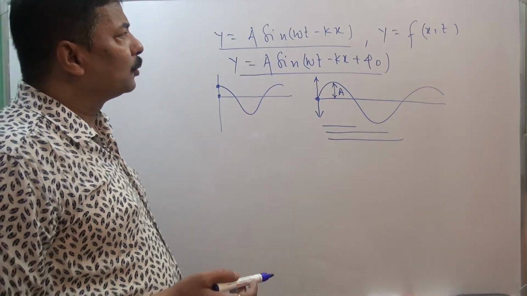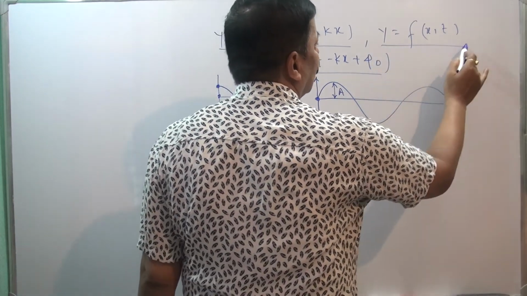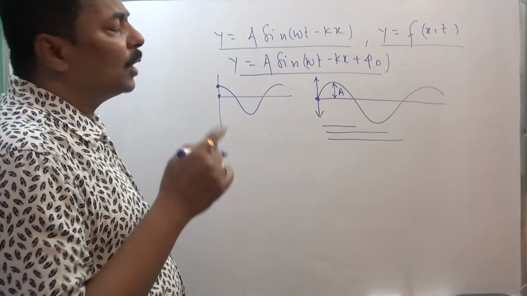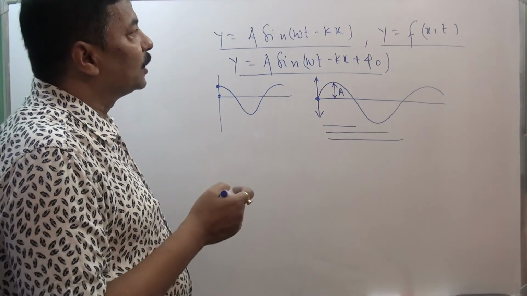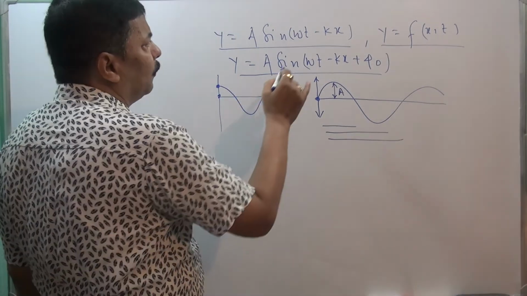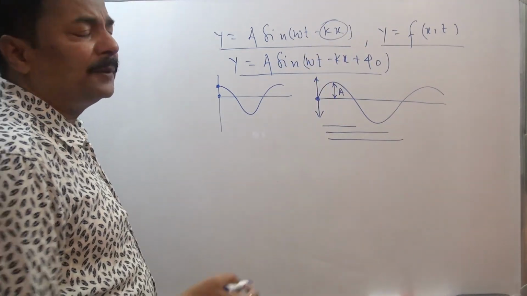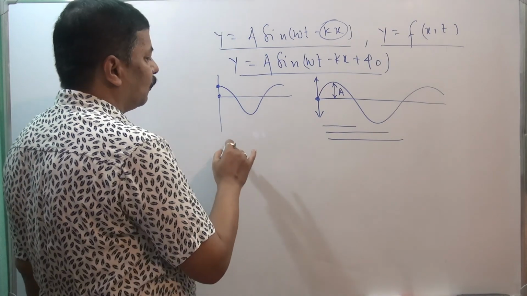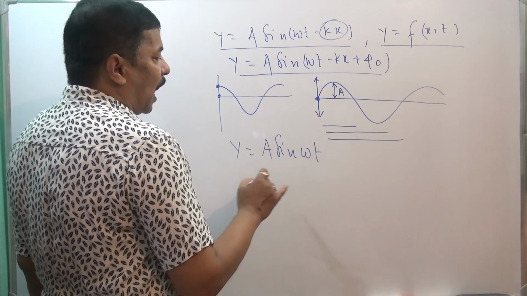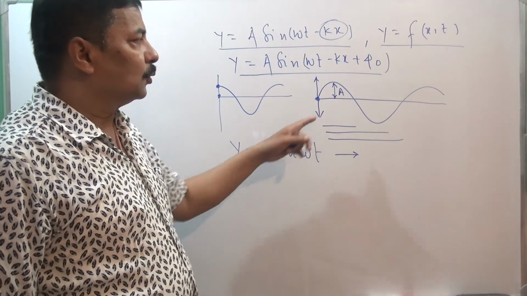Now, what I would like to tell you is that in this function, y is a function of x comma t, there are two graphs hidden in this equation. If I freeze x, that means x is made constant, then y = A sin ωt.